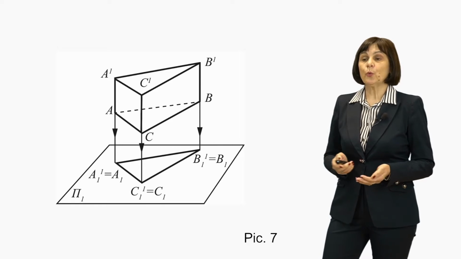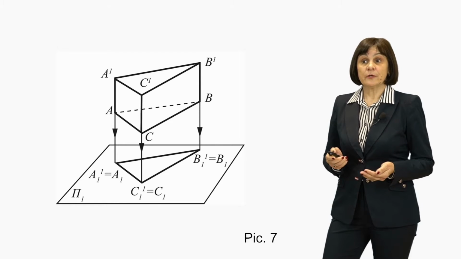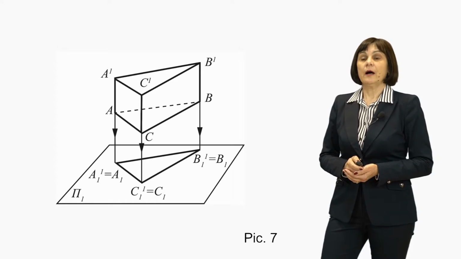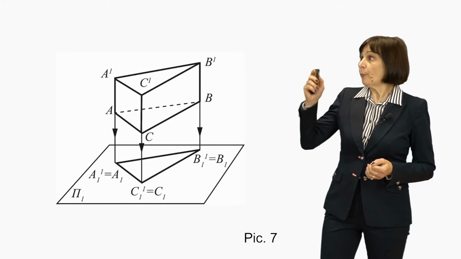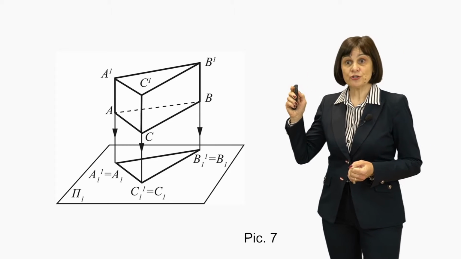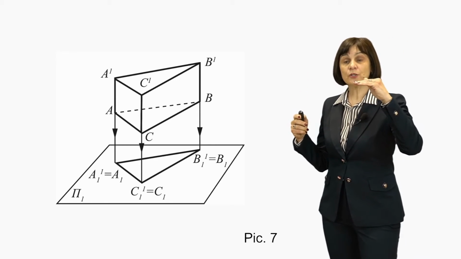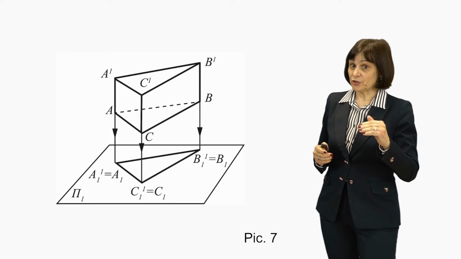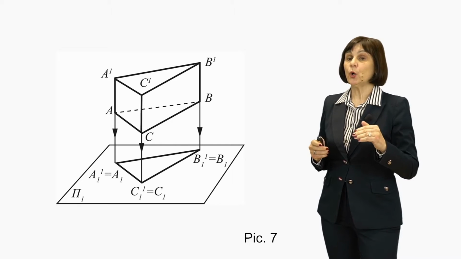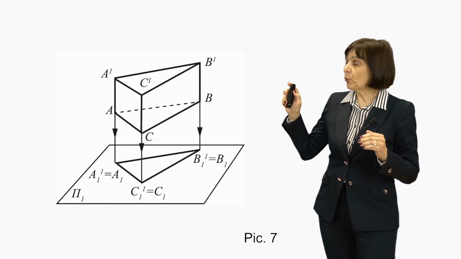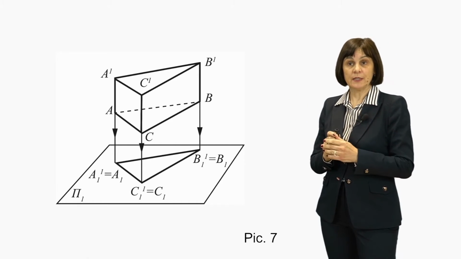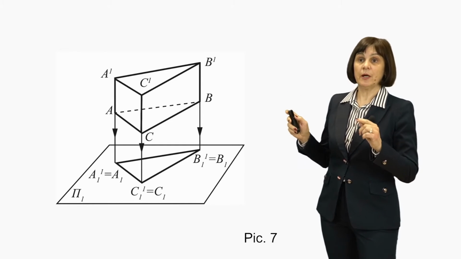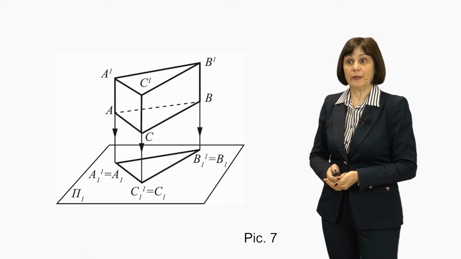And at last, we can't determine the height of the prism because, for example, point A dash is located over point A, and on the projection plane pi1 we projected both points in one point, and the rest of the points are the same, projected only in one point.